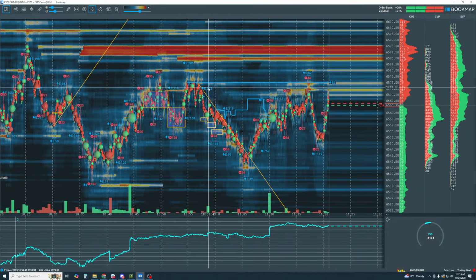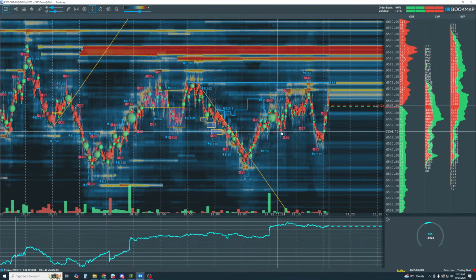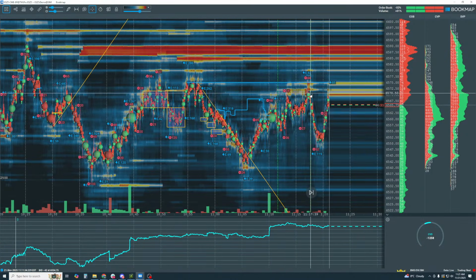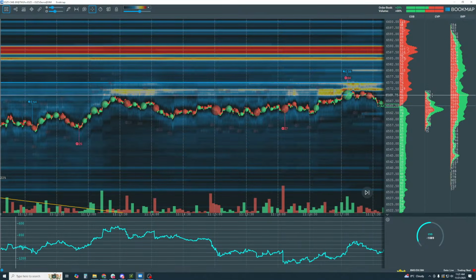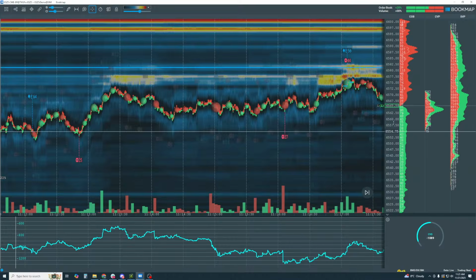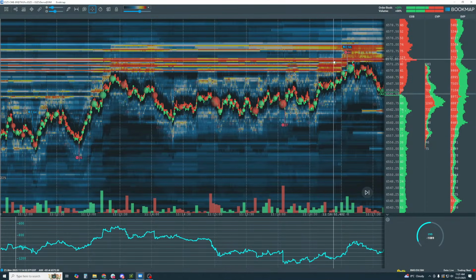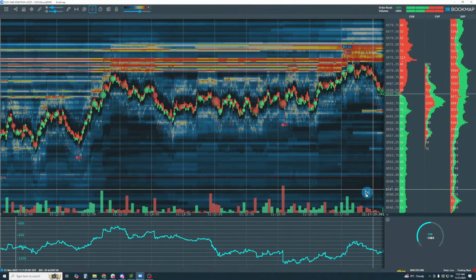So maybe you're interested in just this little zone in here. I'll zoom into there, I'll put it within my chart range, and here's the profile for that. Okay, so there it is. If that's what you're interested in, that's one way to do it. Okay, I hope that answers your question.